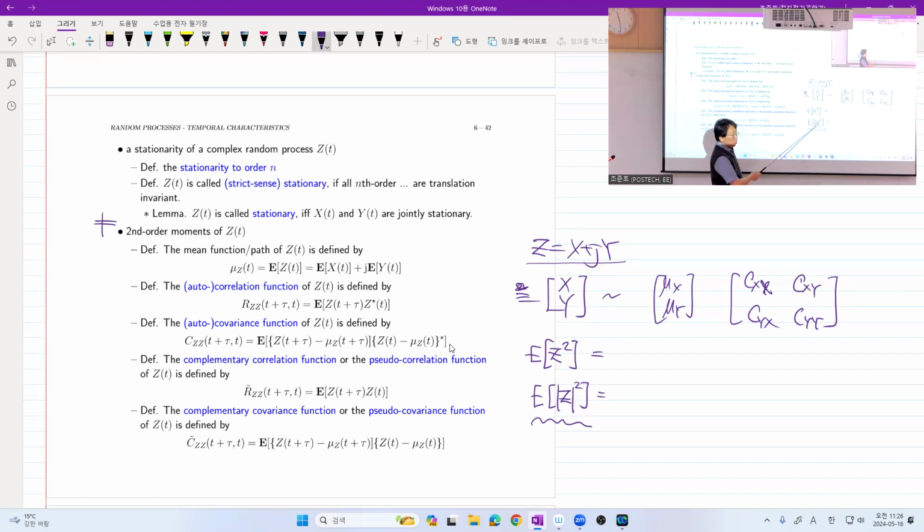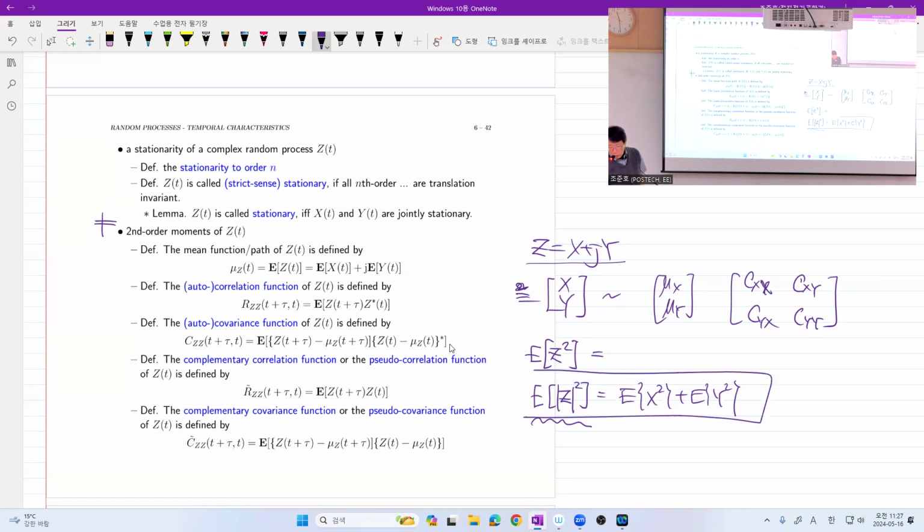Because the modulus or absolute value of a complex number squared is simply the real square plus the imaginary square, we have what? We have the summation of these two. So if you just take a look at this one, there is no cross correlation.